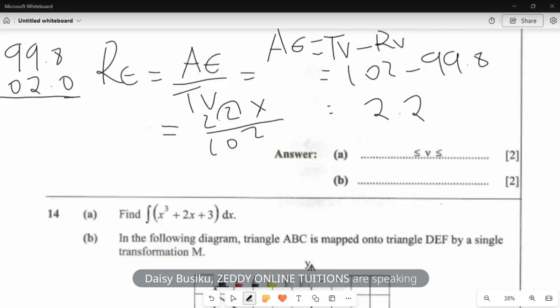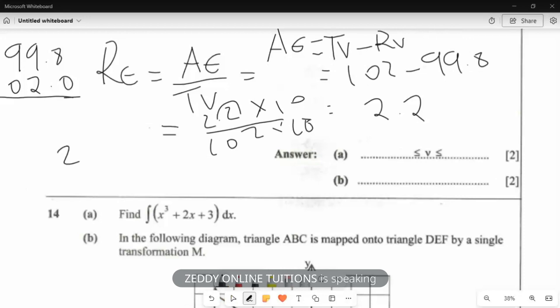We multiply 102 by 10 because it's one decimal place. So we are going to get 22 over 1020, which you can now simplify.